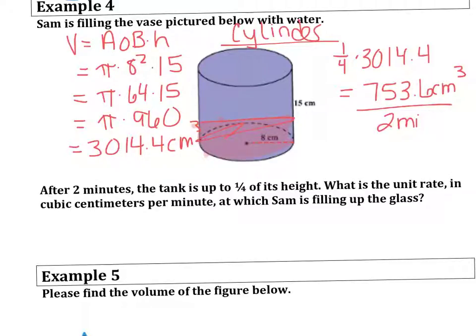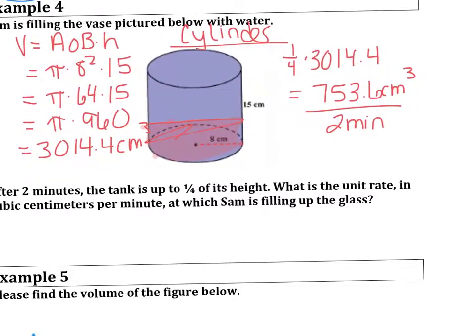If I want to turn this into a unit rate, I need to get it into 1 minute's time. So I would just take my denominator and my numerator and divide by 2 to give me a final answer that this vase is filling at a rate of 376.8 centimeters cubed per minute. And that would be my unit rate.